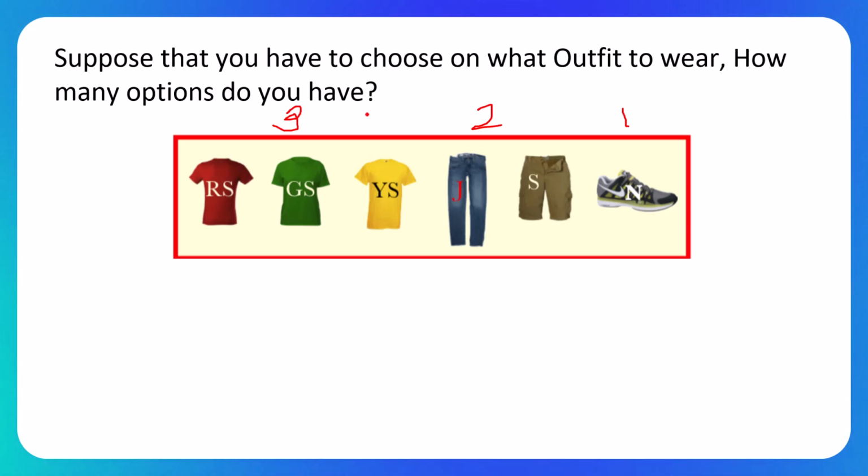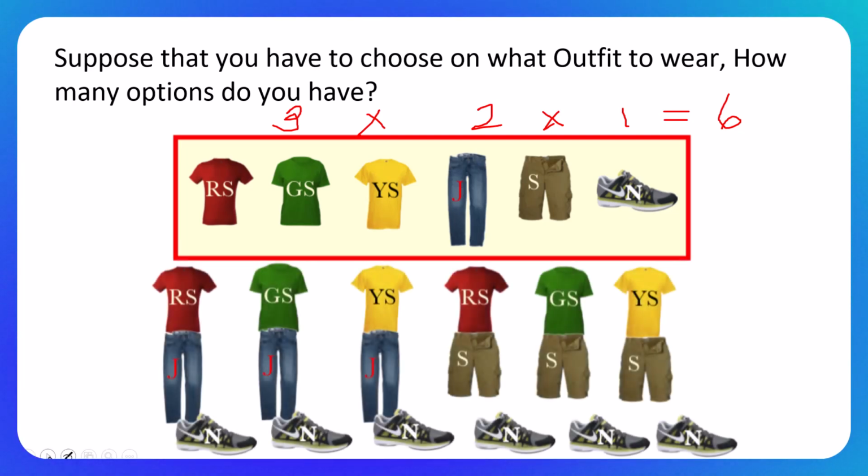Okay, we take our outcomes, we multiply them together. So I should end up with 3 times 2 times 1, or 6. And I do. So here are your possible outcomes if you're putting together outfits to wear.